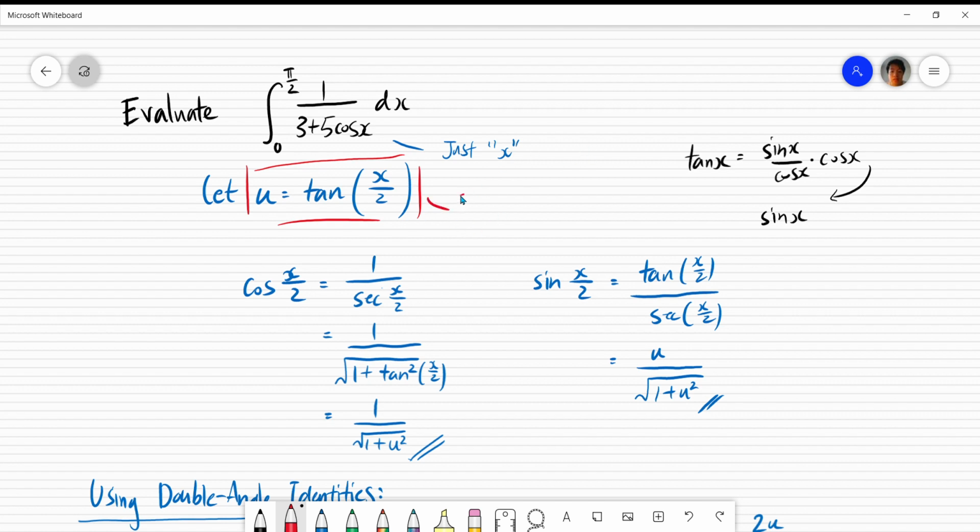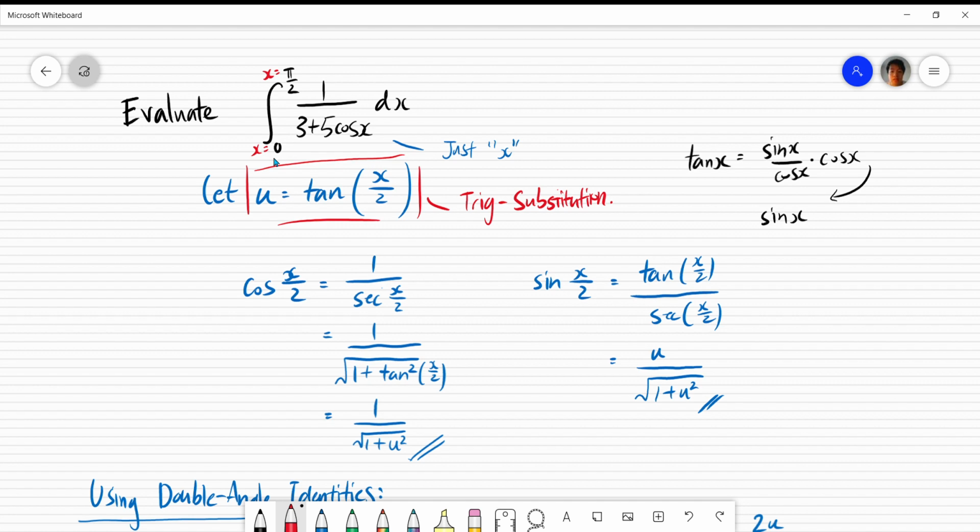It's technically a trig substitution. It's not an obvious one, but it still counts. So in doing that, we need to change the bounds. So we need to change this x into u, in terms of u. So how do we do that?